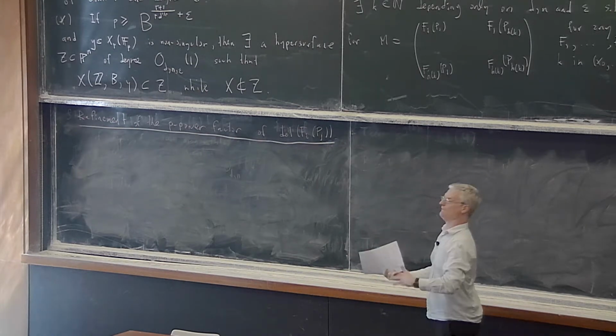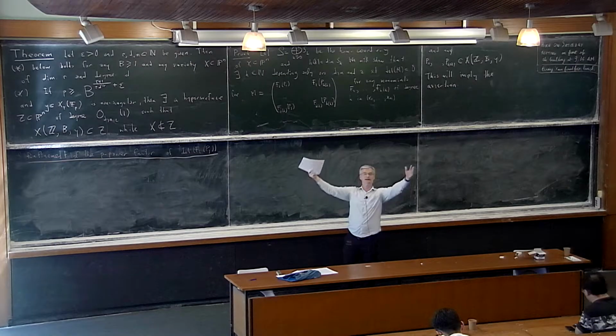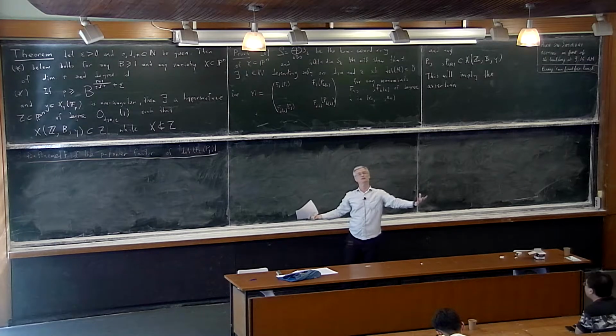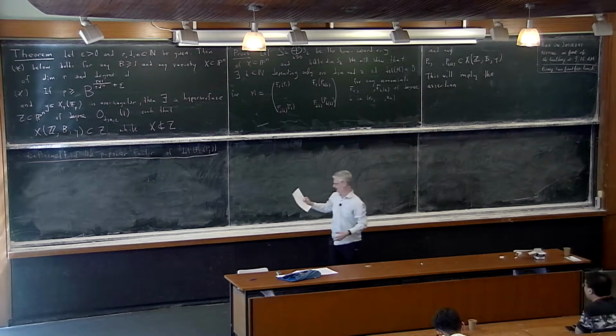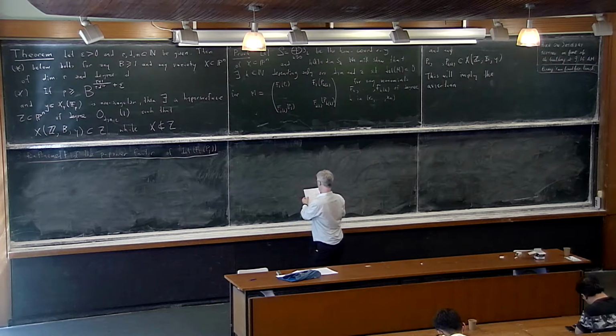Of course, for the size of the determinant, I just have the same trivial bound. I can't do much about that in this case, but I can improve this p factor.